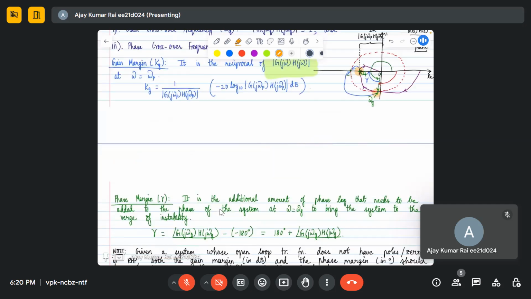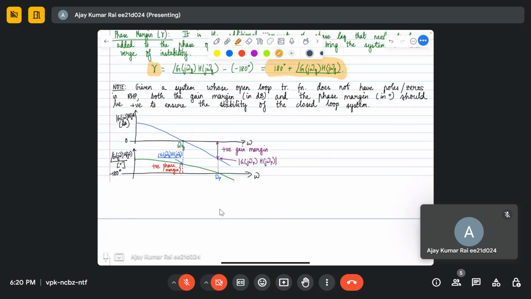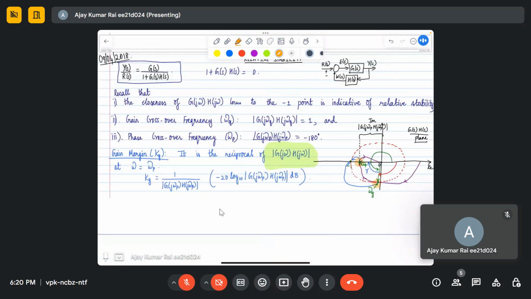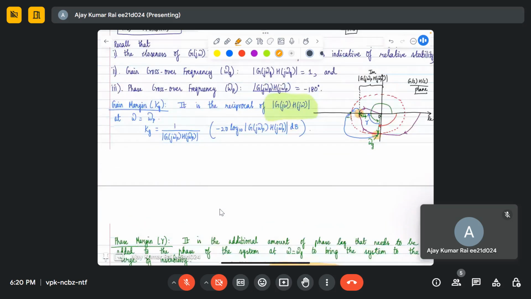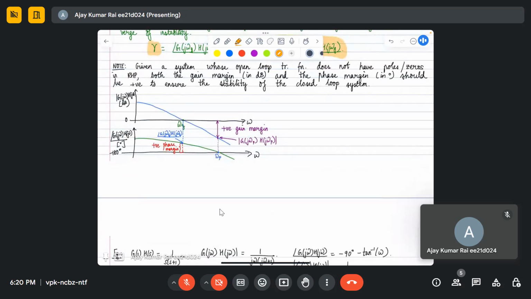So the definition should be clear: phase margin is 180 plus the phase at the gain crossover frequency. We have seen this for the Nyquist plot, but these definitions also apply to the Bode plot, because in practical systems we are mostly very comfortable with the Bode plot.